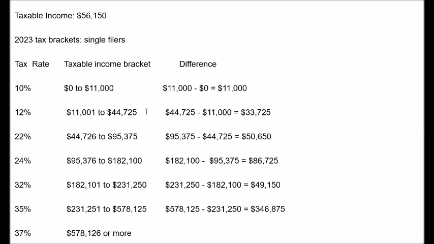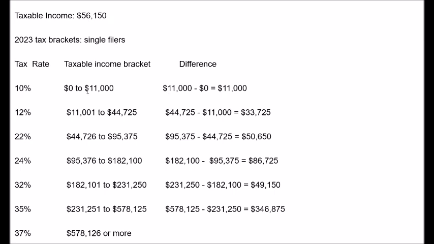This is the tax table for 2023 for single filers. And so for people with income between $0 and $11,000, the tax rate is 10%. And for people with income between $11,001 to $44,725, the tax rate is 12%, and so on. And so here what we want to do is calculate the tax for a taxable income of $56,150.